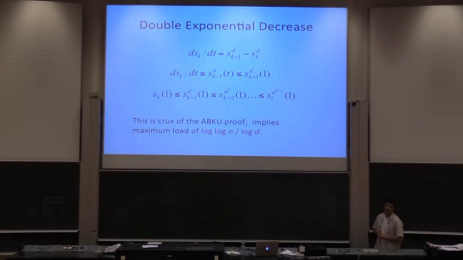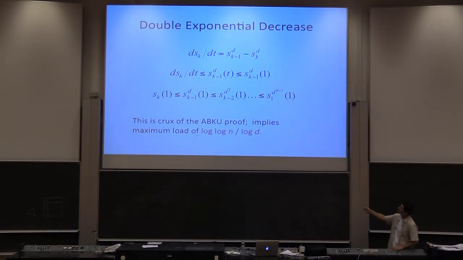All right, so I'm going to use this to justify a sort of double exponential decrease. We have that ds_k/dt is s_{k-1} to the d power minus s_k to the d power. Let's just get rid of this hopefully smaller, lower order term, s_k to the d.